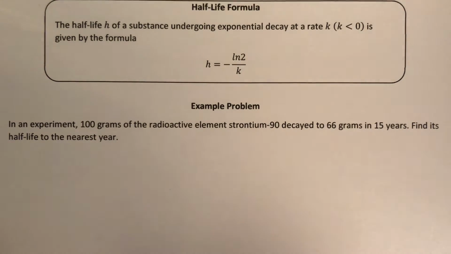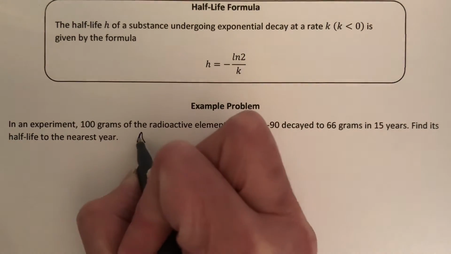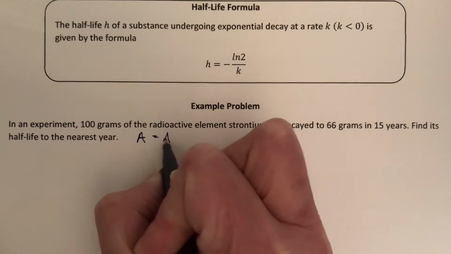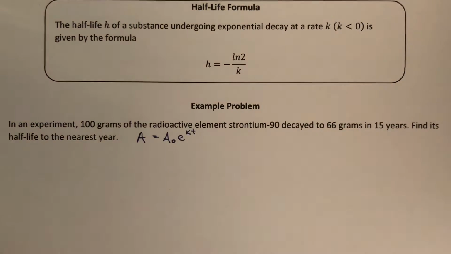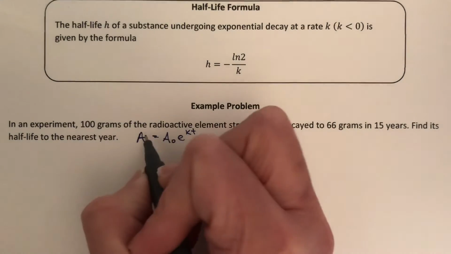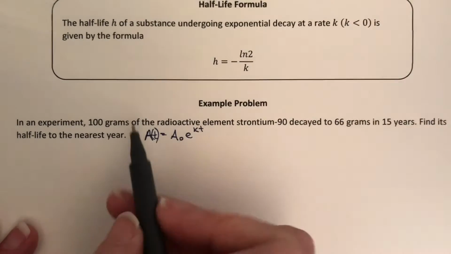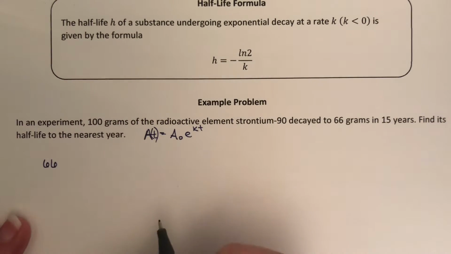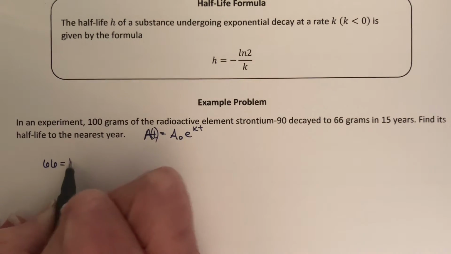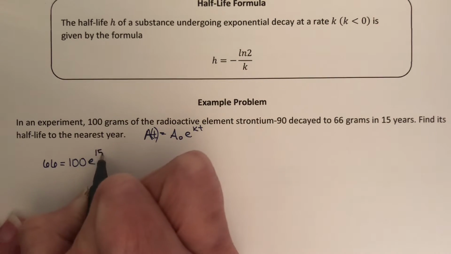Now this is exponential decay, and I can use A of t to find a K value. The amount that we ended up with was 66. We started off with 100, in 15 years.